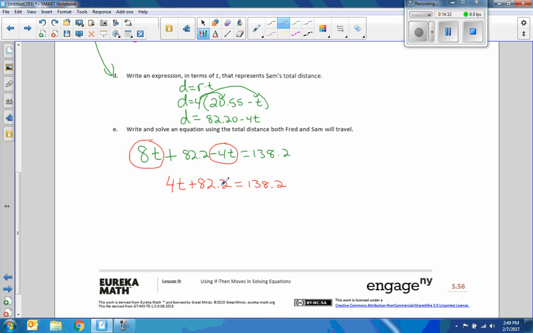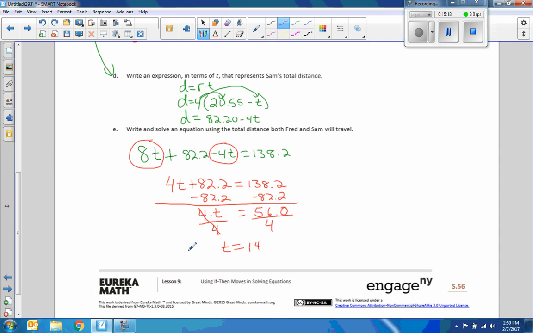So now I've got this simplified, and now I'm going to do PEMDAS in reverse using inverses. 82.2 minus 82.2 is 0, and 138.2 minus 82.2 is 56. These cancel, and I just bring down this 4t. In order to finish this, I do the inverse of multiplication, which is division, and 4 divided by 4 is 1, leaving 1t or simply t. 4 goes into 5 once, 4 goes into 16 four times. So t equals 14.